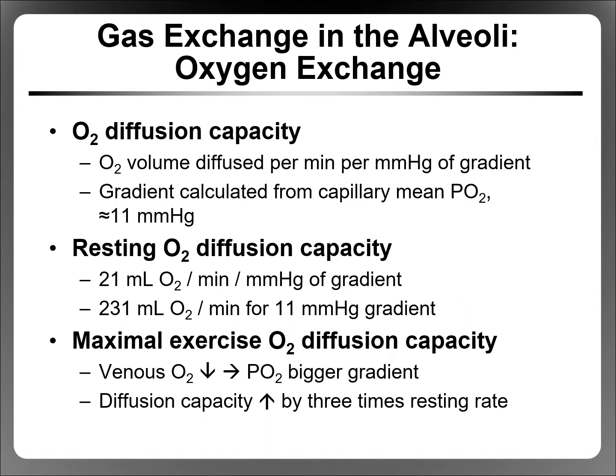So our resting O2 diffusion capacity is going to be around 21 milliliters of oxygen per minute per millimeter of mercury, which will give us a total of 231 milliliters of oxygen per minute for the 11 millimeters of mercury gradient. When we're talking about maximal exercise, however, our venous oxygen pressure is going to decrease, so we will have a bigger pressure of oxygen gradient. This means my diffusion capacity can increase by as much as 3 times the resting rate.